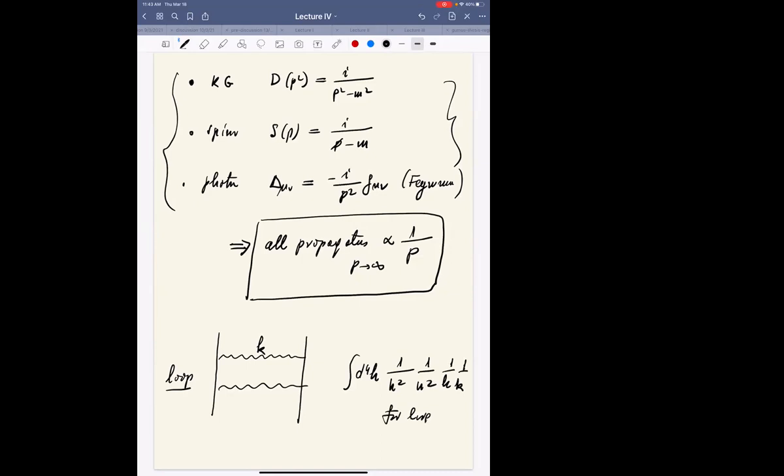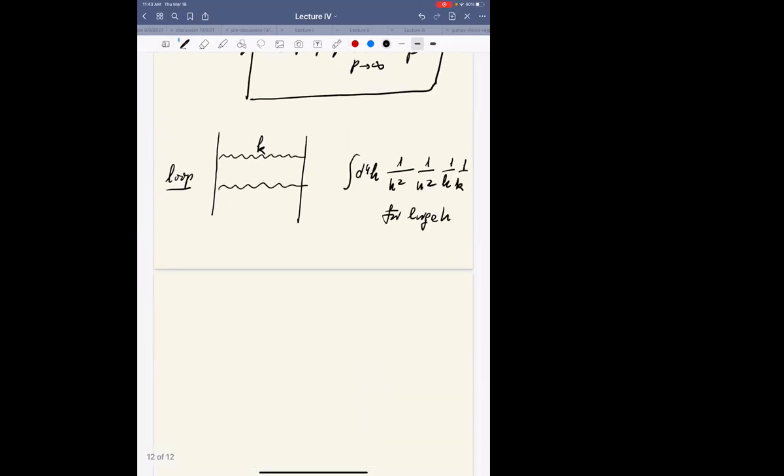I'm just interested in what happens for large k inside the integral. And you are saying this is great because this is d4k, roughly 1 over k to the 6. This is finite. There is no ultraviolet divergence. You have a lot of k's in the denominator. This is what you like to achieve.